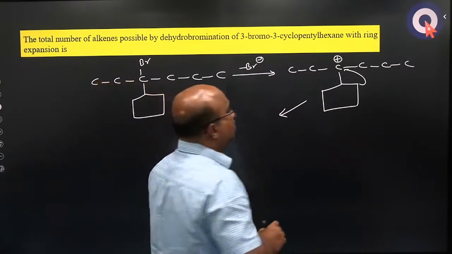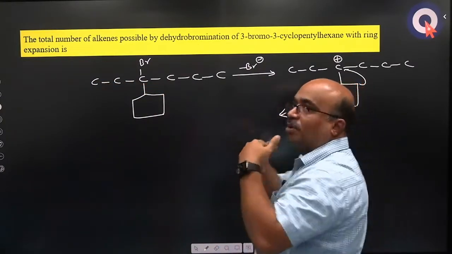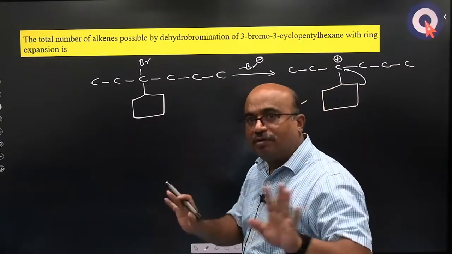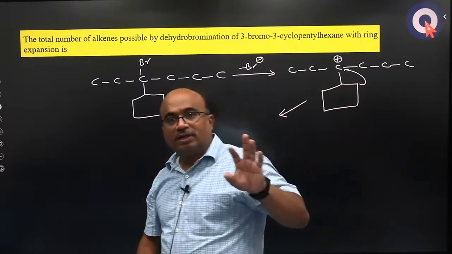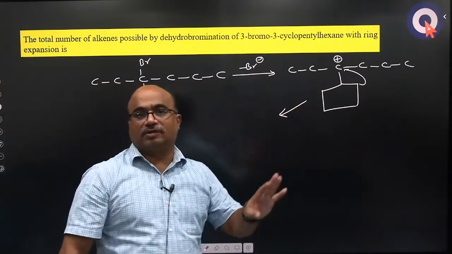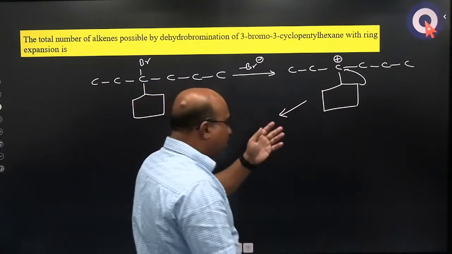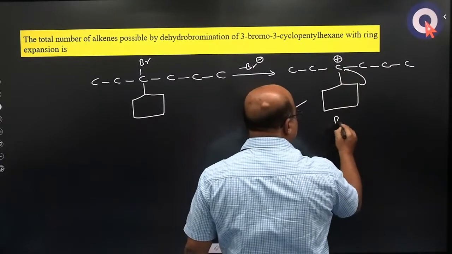Because anyhow ring expansion happens and finally you will get a more stable product. That is the final thing, that's okay. But any carbocation, whenever it is existing, immediately results in its respective alkenes. So let us write that, then we will proceed. So ring expansion, before ring expansion.